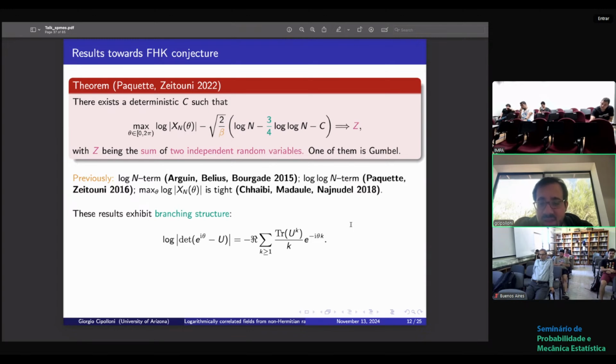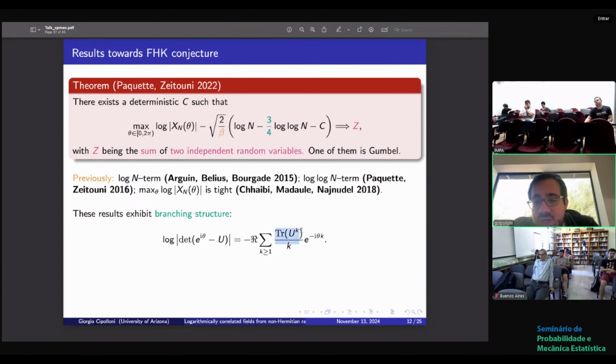If you look at it, this looks pretty similar to the random wave model that I showed you in the previous slide, except that in that case, instead of this trace of U^k over k, we had a standard Gaussian divided by square root of k. So it looks similar, but not quite yet.